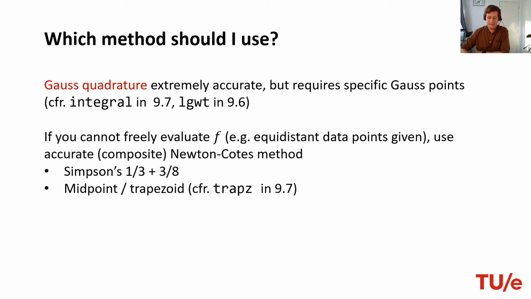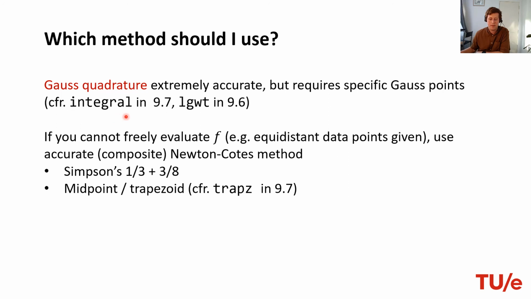As a closing statement for this lecture on numerical integration, I would give some general advice as to which method you should use when faced with a numerical integration problem. Based on our analysis of the errors in the previous slide, I would say that Gauss quadrature is extremely accurate and should be your main go-to method when doing numerical integration.